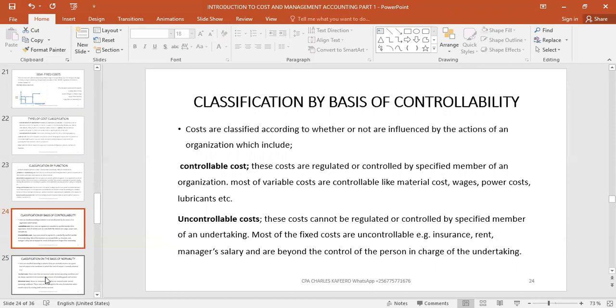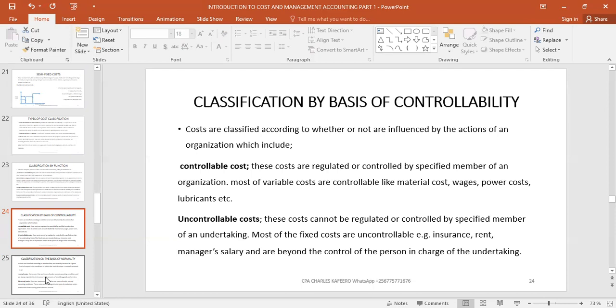With the controllable costs, these are costs which are regulated or controlled by specific members of the organization. Most of the variable costs are controllable costs, like materials and wages. The reason why they are controllable is that it's the company which determines how much we are supposed to pay the workers, or the amount of electricity the production plant may consume.